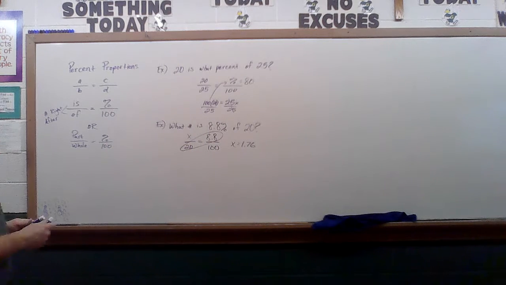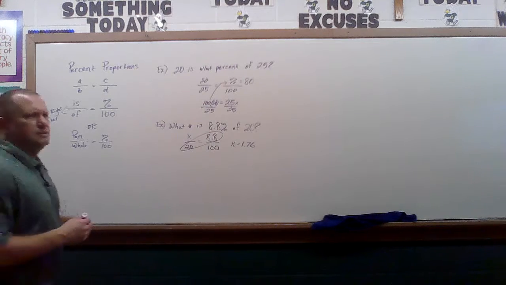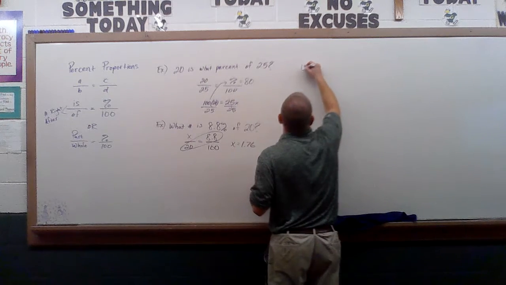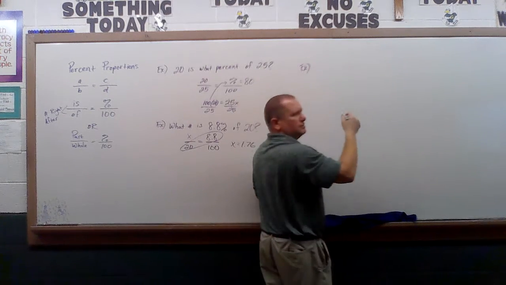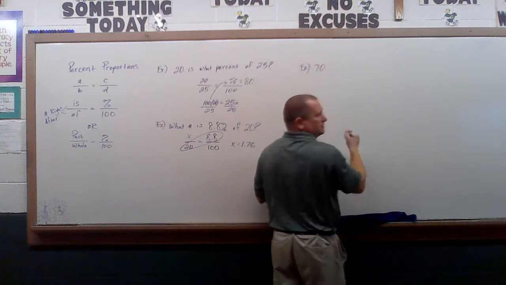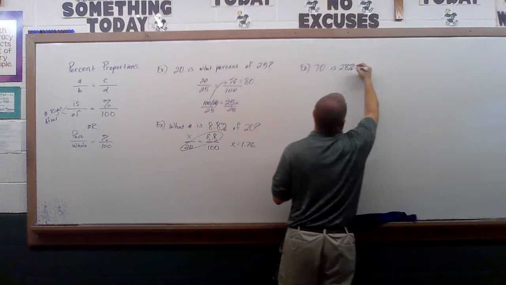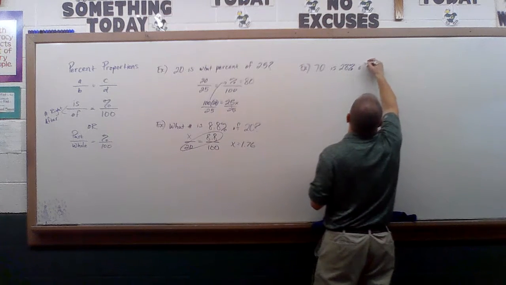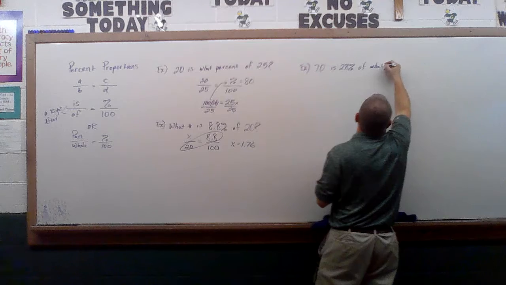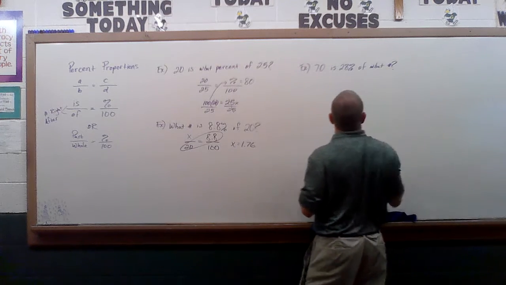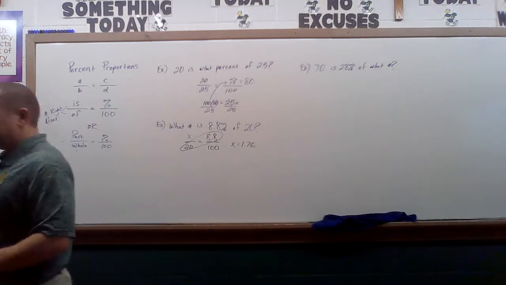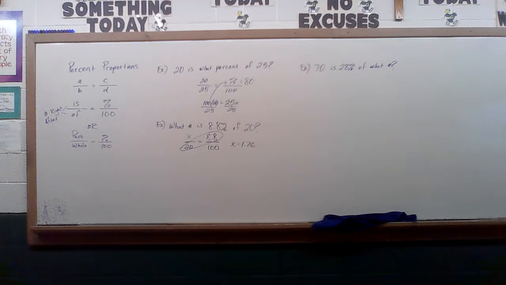All right, so let's try this one. Try setting up and doing this one all by yourself. 70 is 28% of what number? So again, set up your proportion. That's the main thing right now.